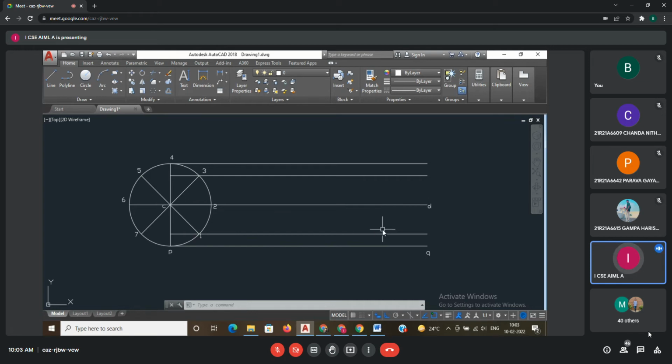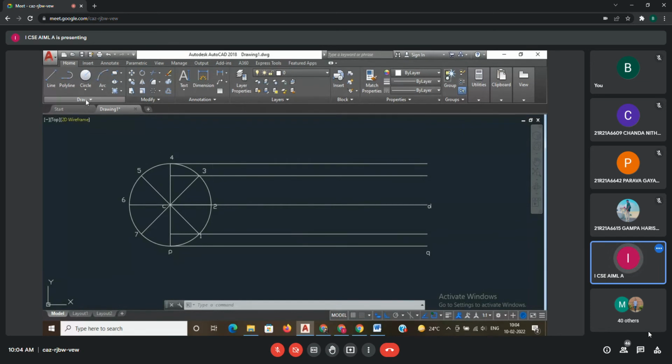But the textbooks already give this information also. In the textbooks, they will divide this PQ into a number of equal divisions. Then they will draw the vertical lines up to the axis. They will get C1, C2, C3, C4 like that. From there, they will start. But it's not required. Directly, the center line CD, you can divide into a number of equal parts.